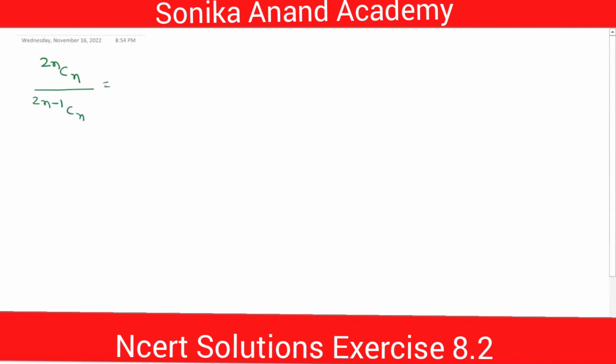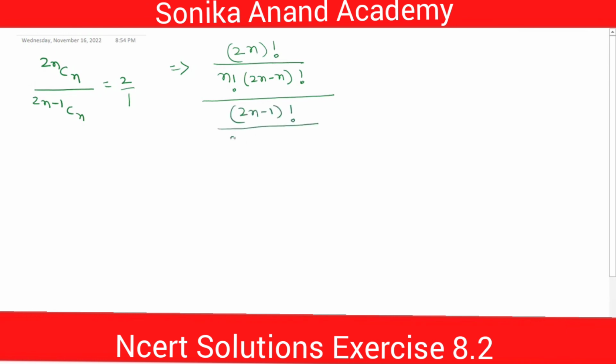We have to prove this is equal to 2. Now I am splitting it. 2n factorial, factorial n, 2n minus n factorial. Similarly, 2n minus 1 factorial, factorial n, 2n minus 1 minus n factorial.